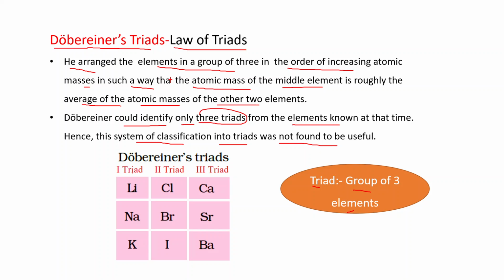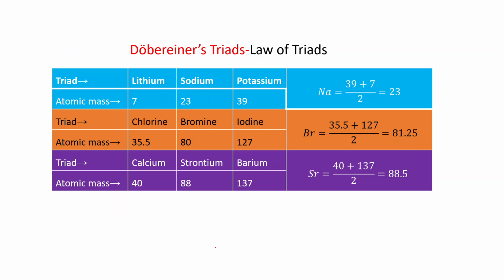These are the triads which were identified by Döbereiner. This is lithium, sodium and potassium; chlorine, bromine and iodine; calcium, strontium and barium. If we compare their atomic masses, lithium's atomic mass is 7, sodium is 23, potassium is 39. If we take the average of 7 and 39, it comes to 23, which is the atomic mass of sodium.